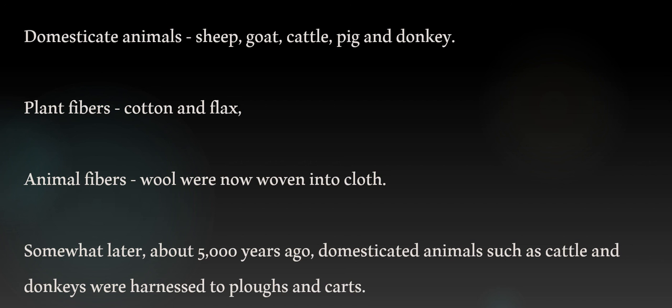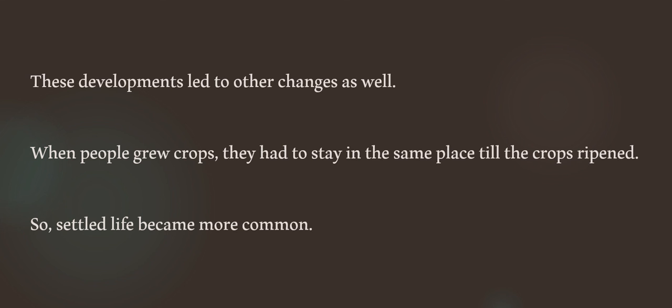And one more important point you need to remember is that 5,000 years ago, they started using domesticated animals for plowing, and also to pull carts. So you understood that domesticating animals is one of the important things, but here we are not discussing wild animals known to early humans.